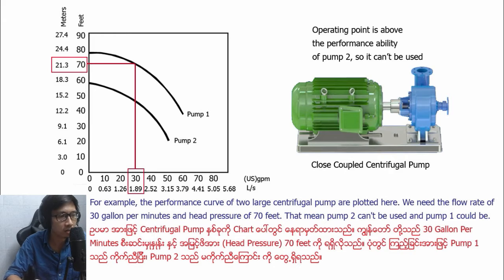For example, the performance curves of 2 large centrifugal pumps are plotted here. We need a flow rate of 30 gallons per minute and head pressure of 70 feet. That means pump 2 can be used and pump 1 could not.